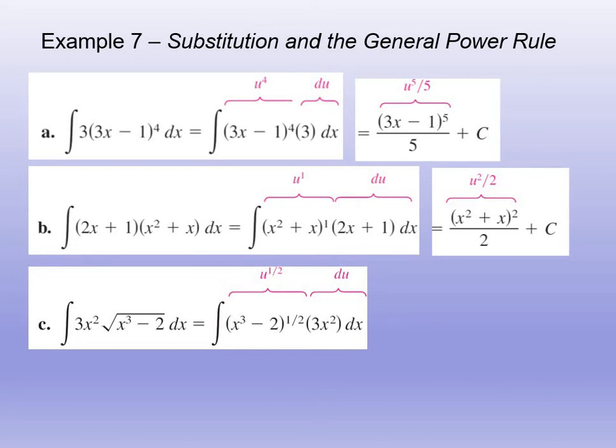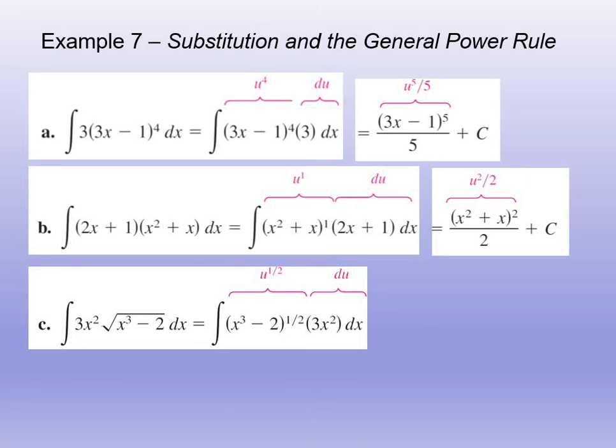Now if we look at the next one, remember, let u be the most complicated piece. The most complicated piece is what's under the radical sign, what's under that square root sign. So x cubed minus 2 will be our u. Then we take the derivative of x cubed minus 2 to get our du, which gives us 3x squared dx. So now we can replace the 3x squared dx with du, and we rewrite the function in terms of u. So we're going to have the integral of u to the 1/2 du.